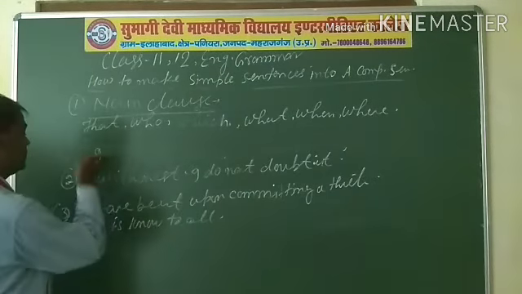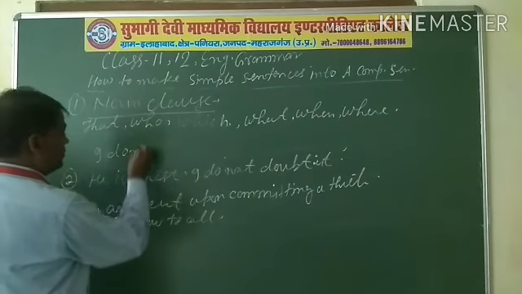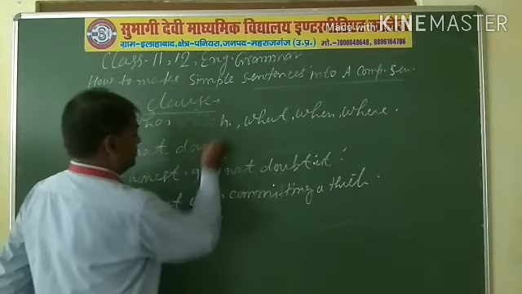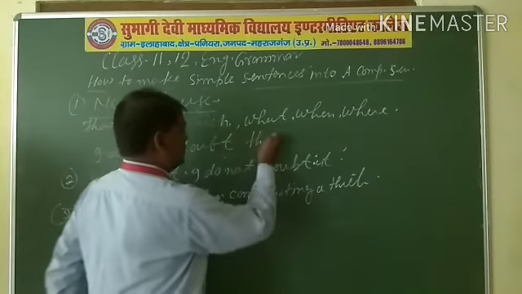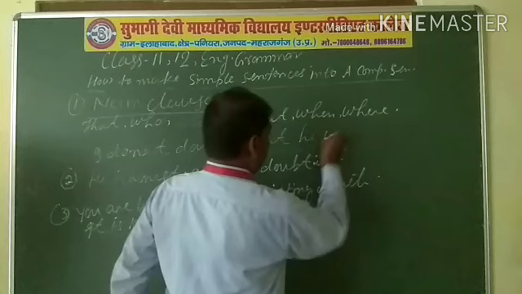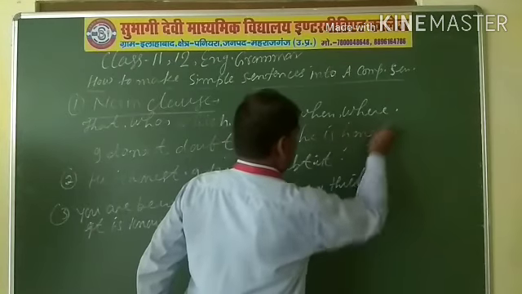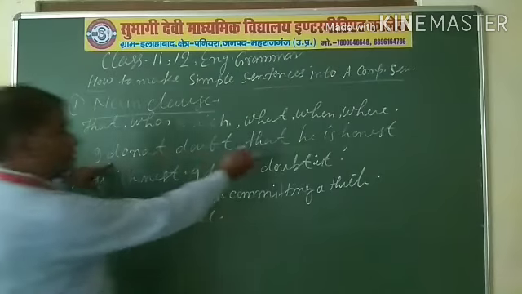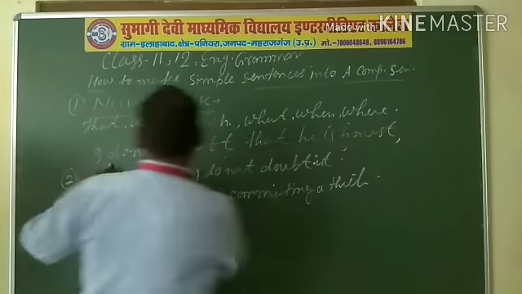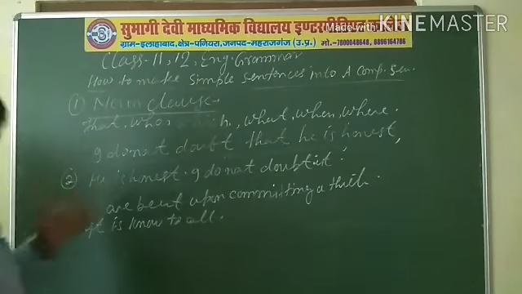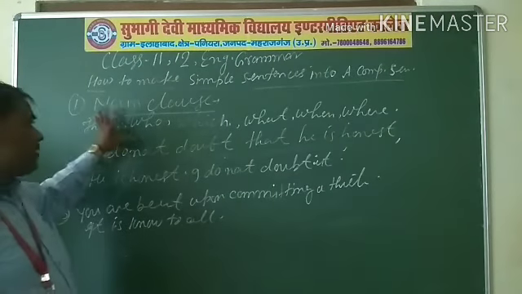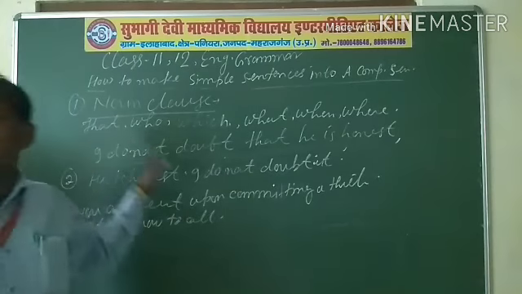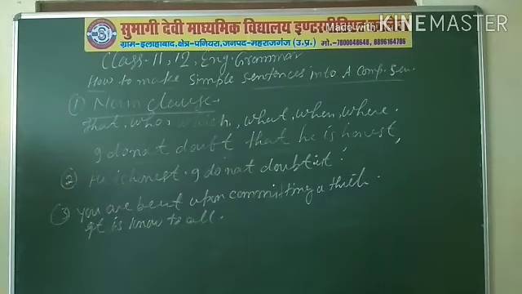So, I do not doubt that he is honest, or that he is honest, I do not doubt it. So by the help of these words, we have to join two or more simple sentences into one complex sentence.